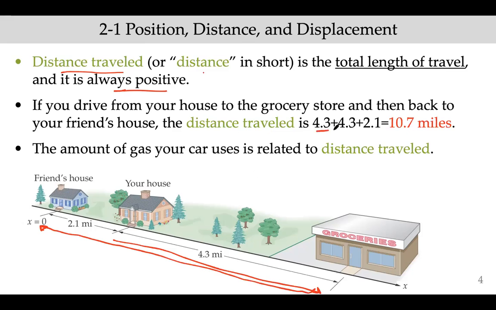So 4.3 plus 4.3, and then you go another 2.1 miles. So the total is 10.7 miles. This is distance traveled. The amount of gas your car uses is related to distance traveled, not displacement.